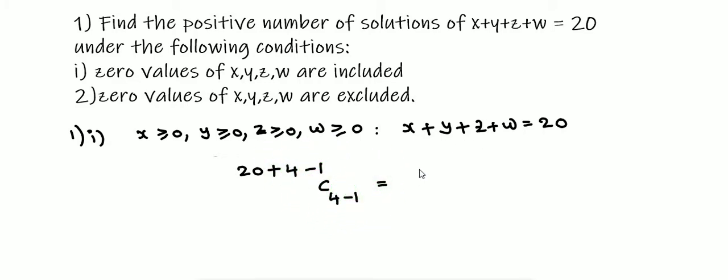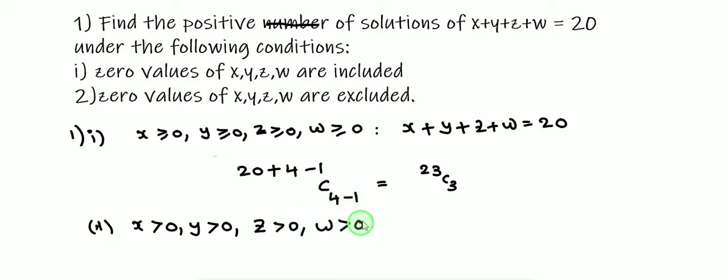Now the second point, zeros are excluded, so we want positive integral solutions. x is strictly greater than 0, y strictly greater than 0, z strictly greater than 0, w strictly greater than 0, which means x, y, z, w are greater than or equal to 1.